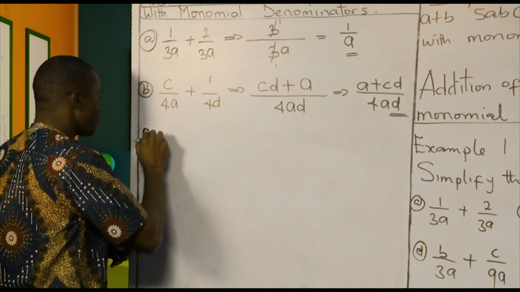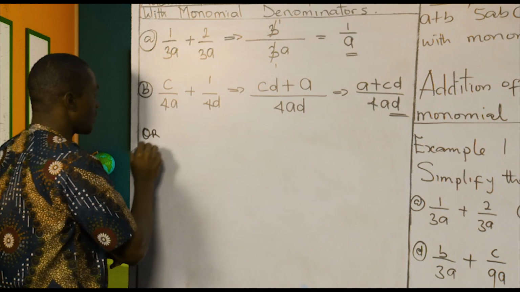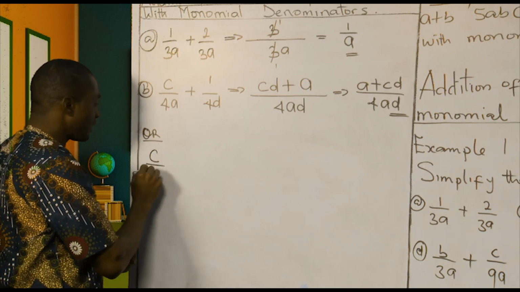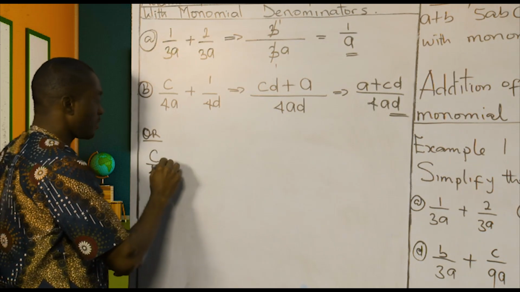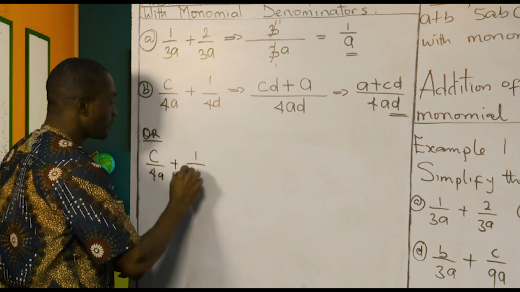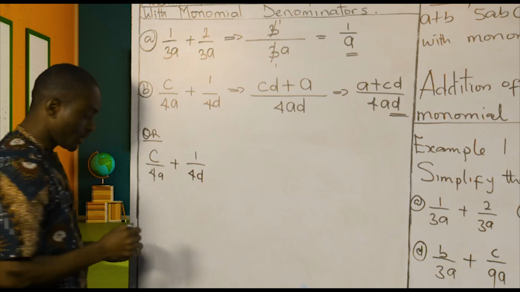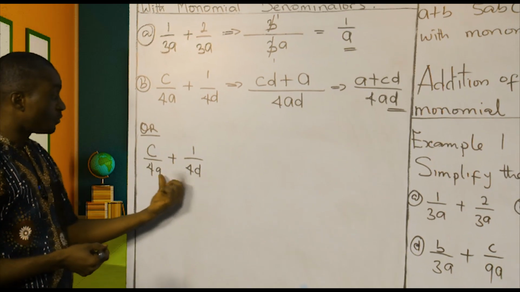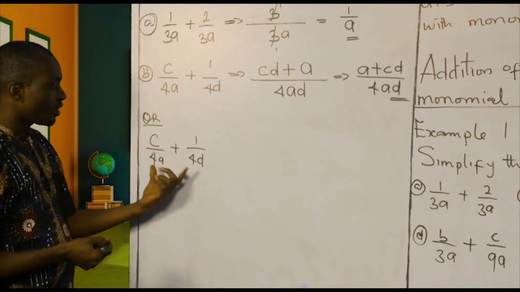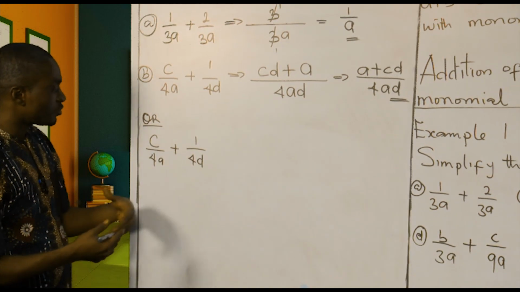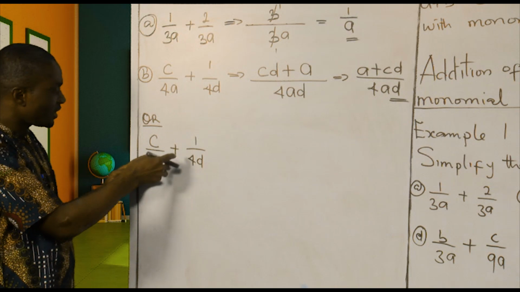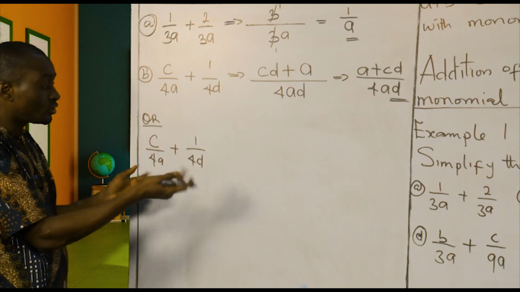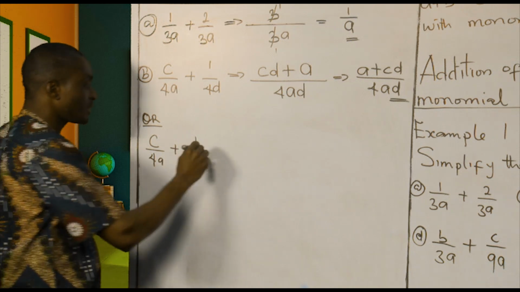Or, c over 4a plus 1 over 4d. Since they are not of the same denominator, not common denominators, what we can do is express each of these fractions with common denominators. How do we do that?